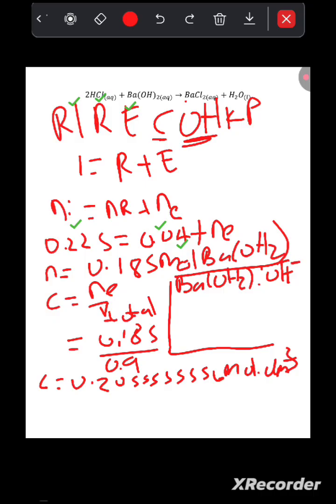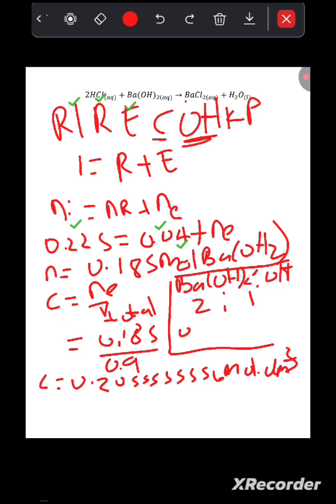What is the ratio? The barium has got 2 OH, so this is 2 is to 1.